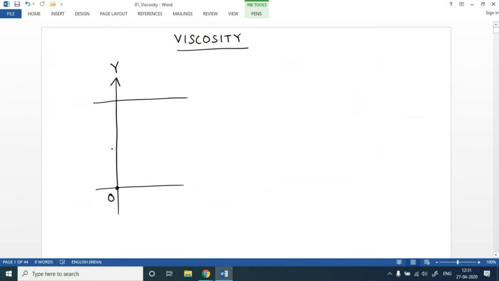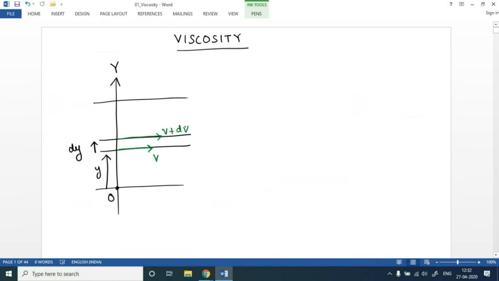Let's imagine a thin layer of liquid like this, and say this is y and the thickness of this thin layer is d. This layer here is moving with some velocity v, and the layer which is at y plus dy is moving with velocity v plus dv over here.